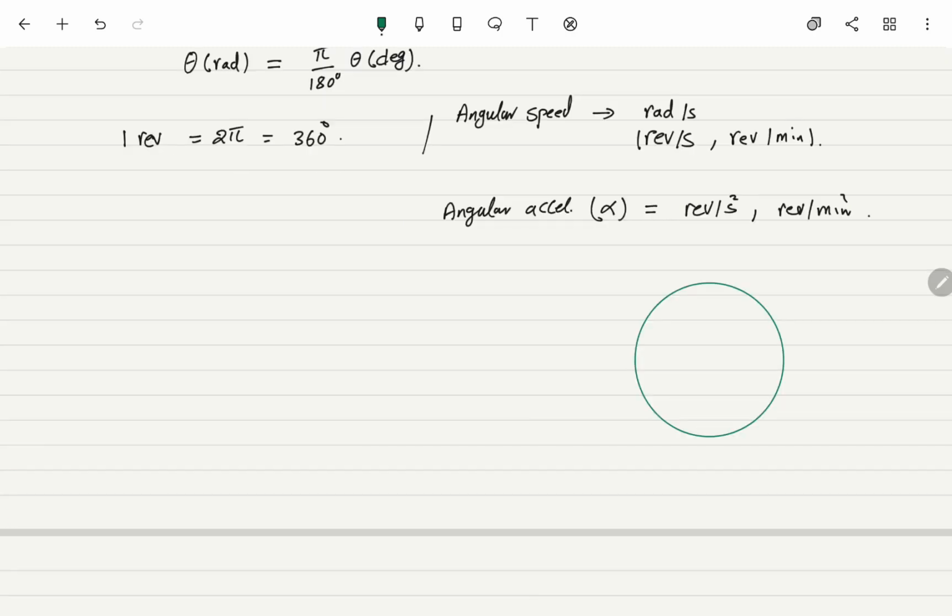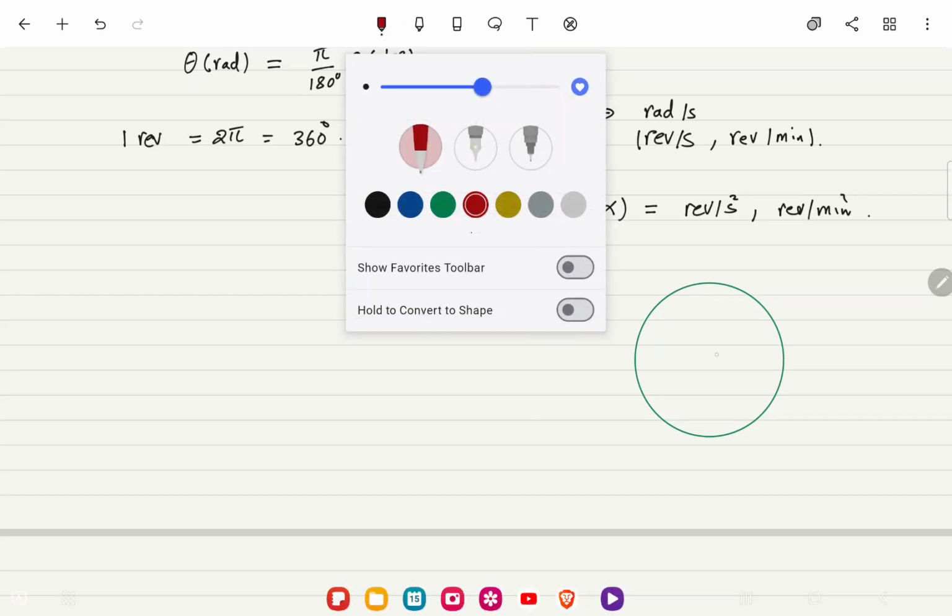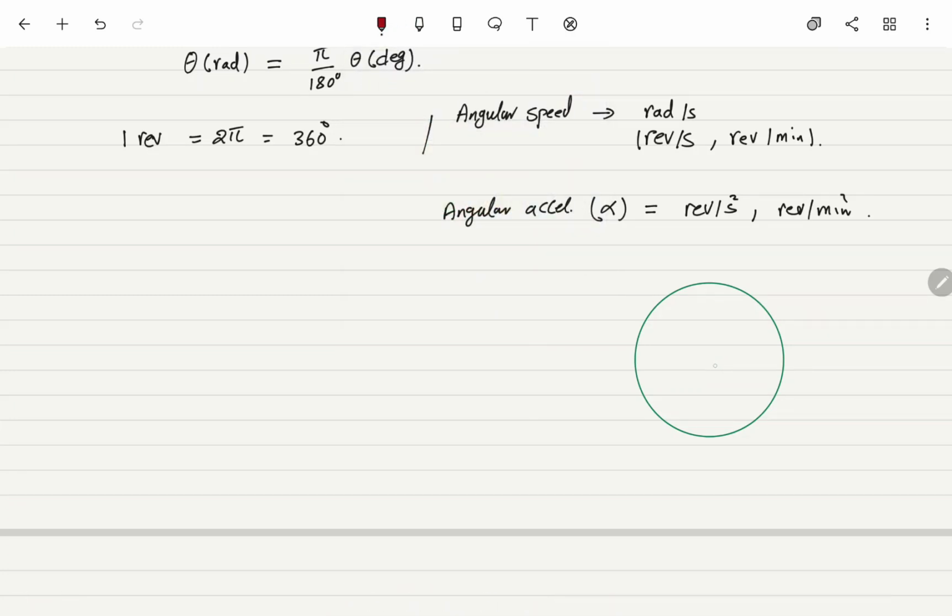Back to the disk example here. Now let's just have x and y coordinates. This is the center, this is x and this is y. And again, the z-axis is perpendicular to the page. Now, if this disk rotates this way, the direction of the angular velocity is found this way.